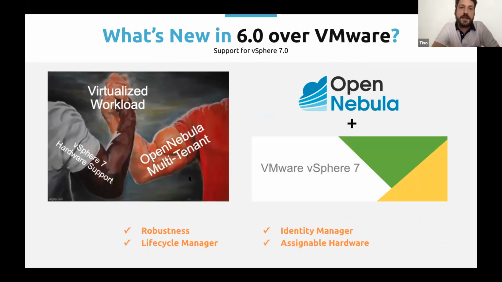One of the highlights for people managing VMware infrastructures with OpenNebula is support for vSphere 7.0, which, as you may know, brings not a lot of changes in behavior, but a lot of nice new features like the lifecycle manager or the identity manager that should make admins' life easier. So you can now build an OpenNebula multi-tenant cloud on top of these vSphere 7 infrastructures.